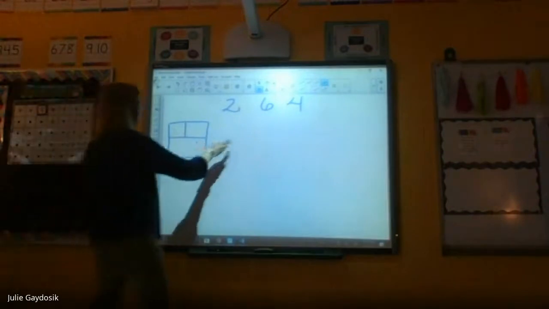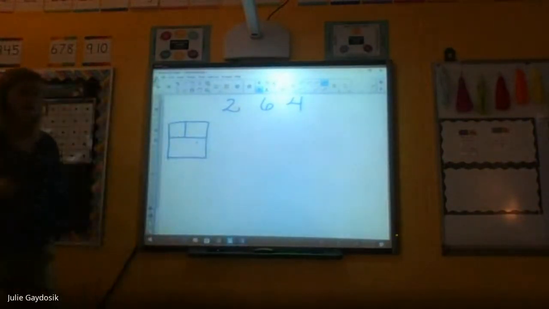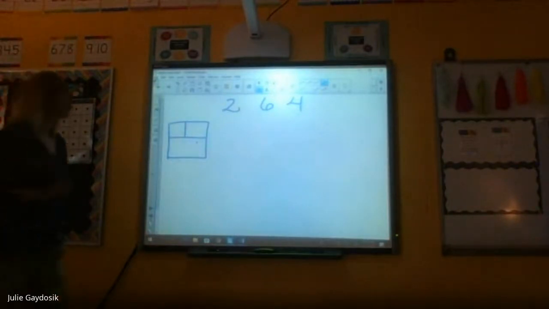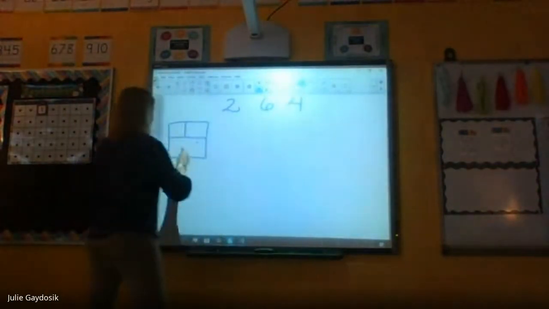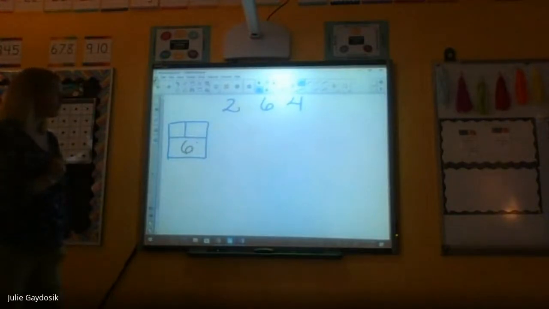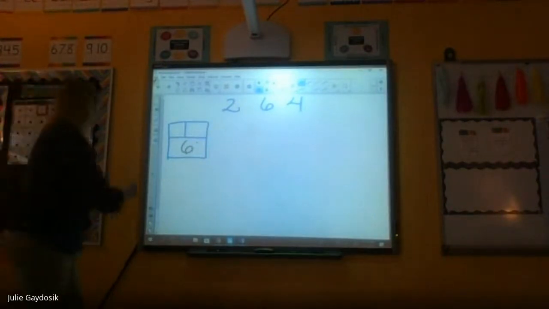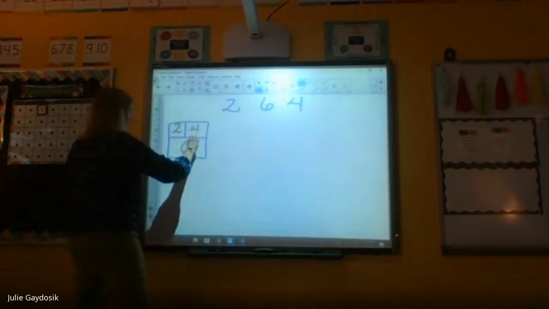Looking at these numbers, 2, 6, and 4, which one is the greatest, the largest number? That's right, it is 6. So I'm going to put 6 in my whole spot. And where is 2 going to go? In one of my parts, right? And 4 is going to go in my other part.